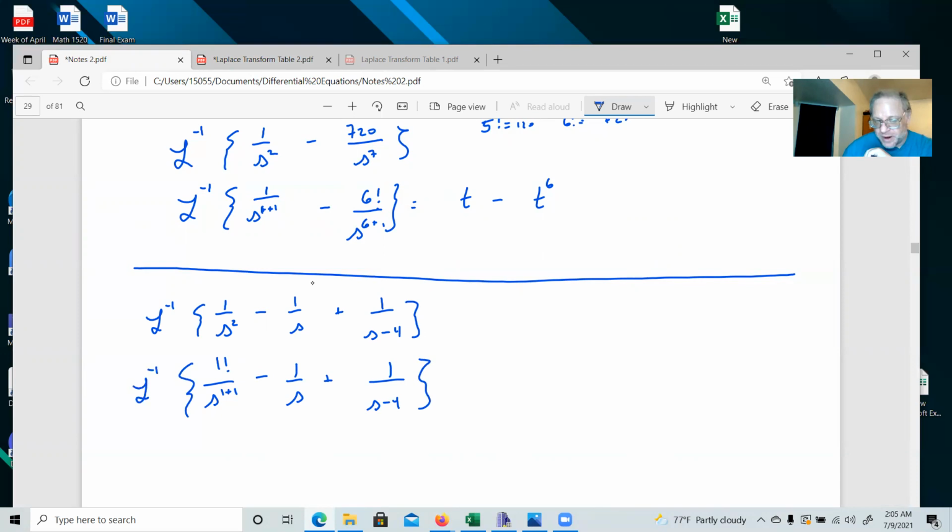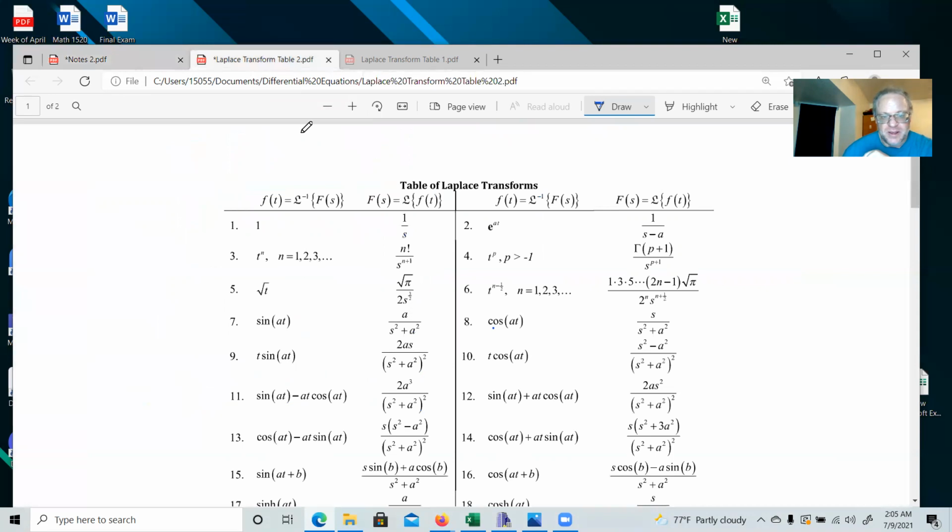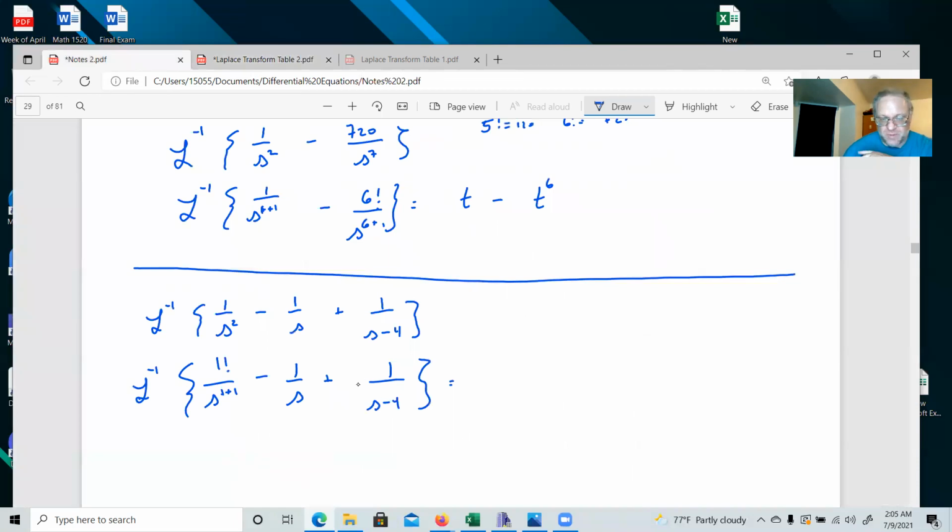It's a linear operator, so wherever there's a plus or a minus between them, we can just go ahead and take the inverses without too much stress. 1 over s, that's 1. It's a constant. So if it was 7 over s, it would be 7, in t space. So we have t, that's t to the 1, right?